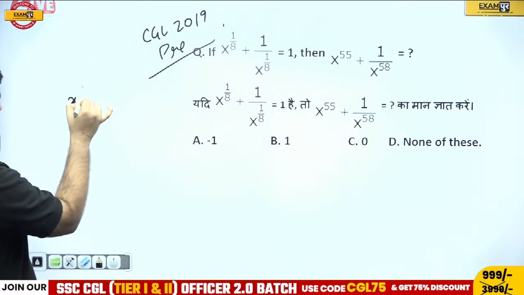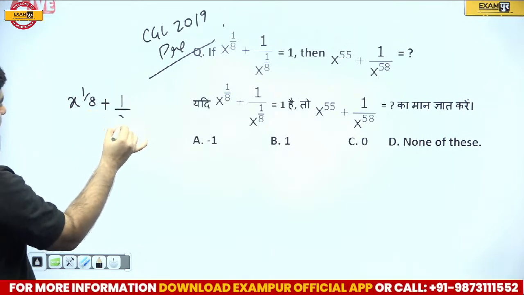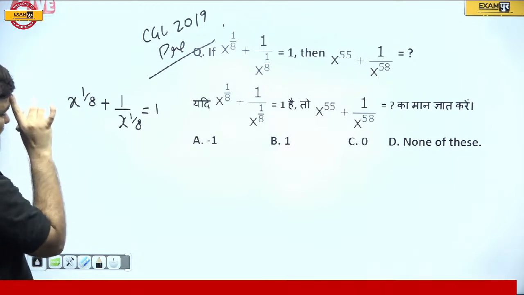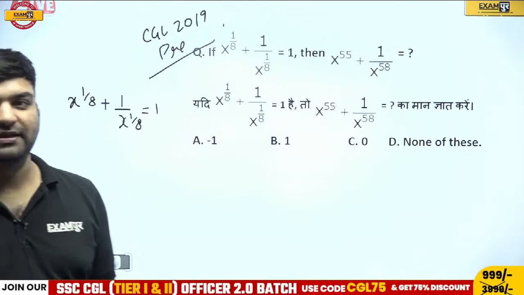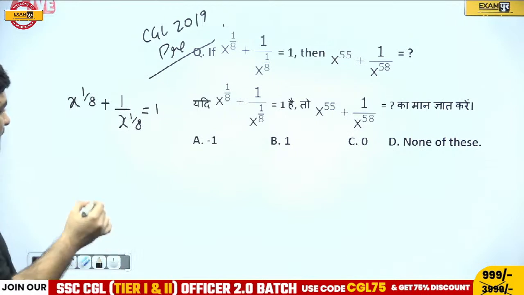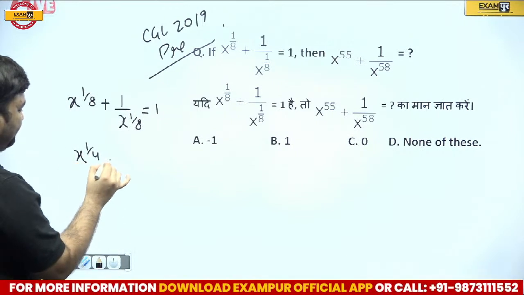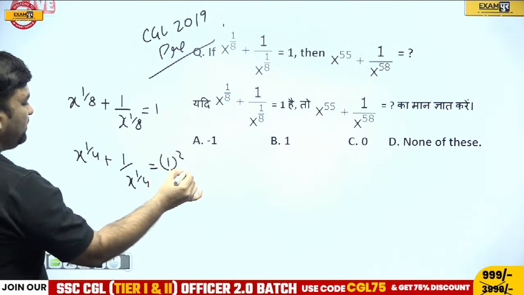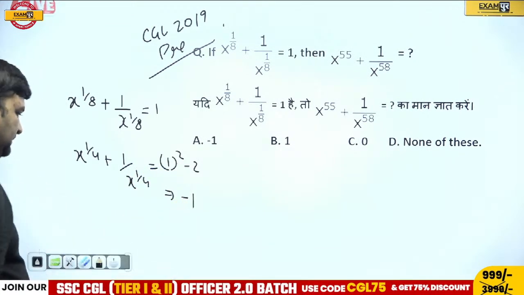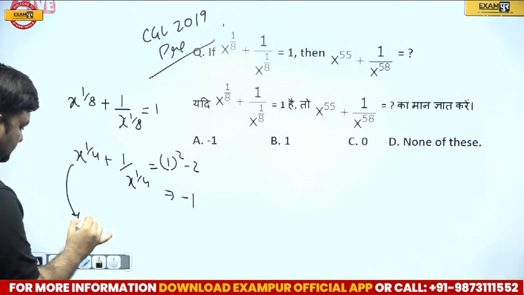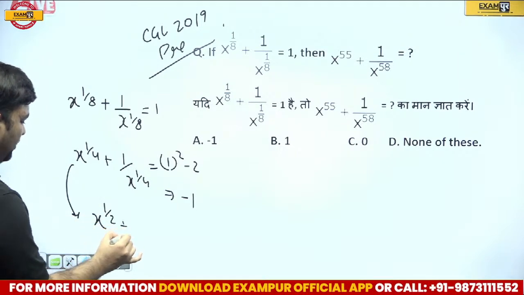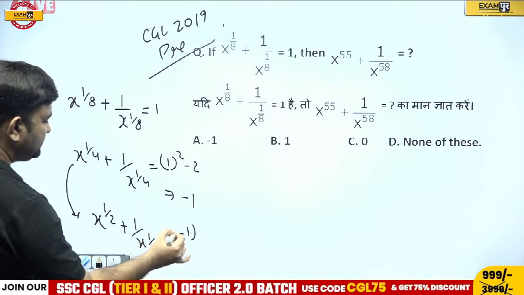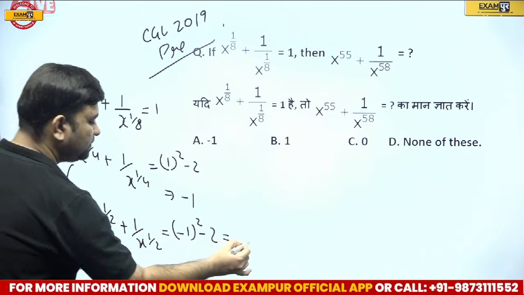Square it once. On squaring, power will become half, like 1 by 8 will become double, that is 1 by 4. 1 square minus 2, minus 1. Again, square it: x to the power 1 by 2 plus 1 upon x to the power 1 by 2 is minus 1 square minus 2.